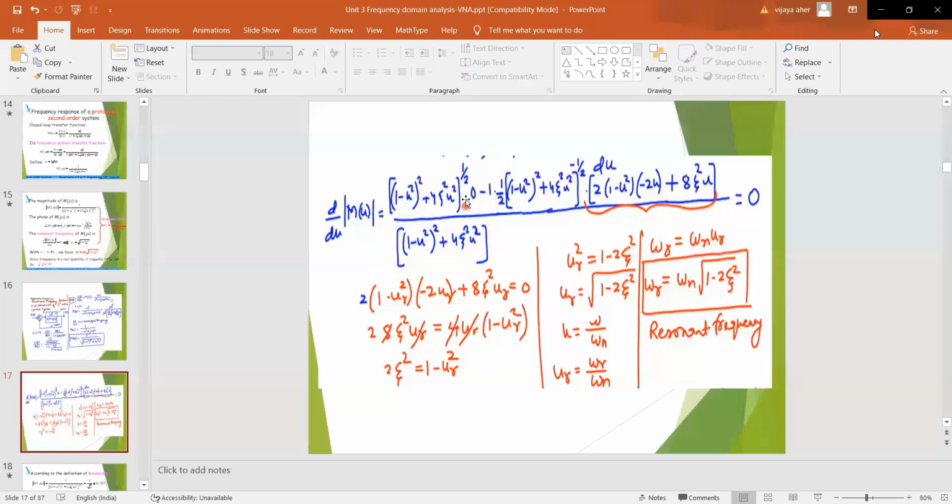Now v as it is into derivative of 1 is equal to 0. So this term becomes 0 minus u into derivative of v.